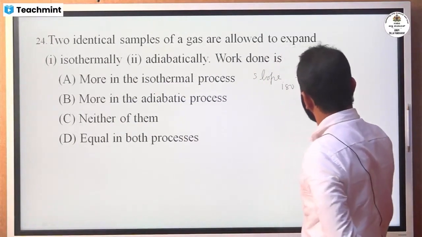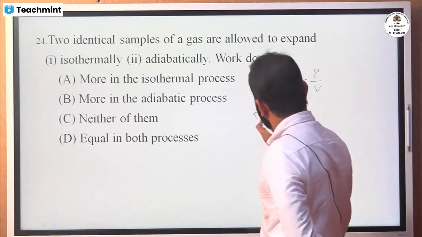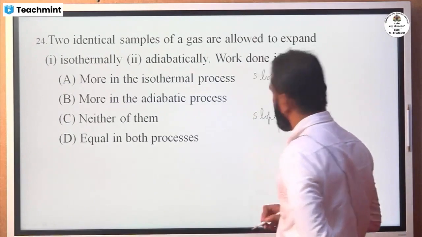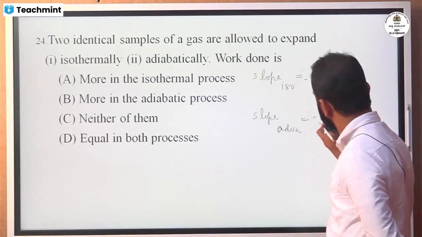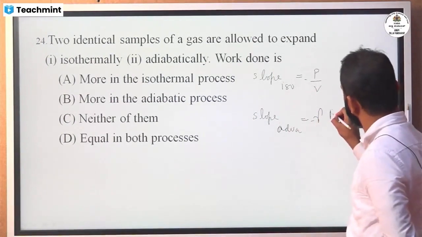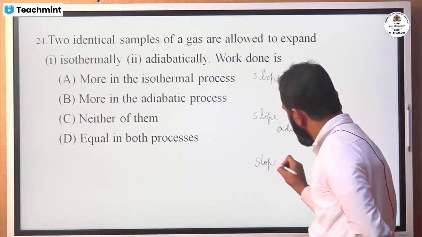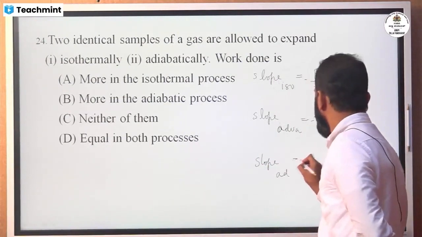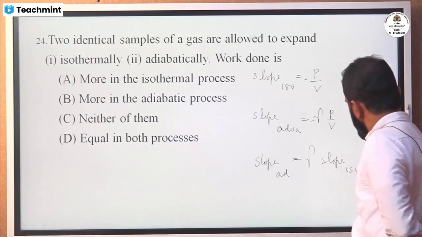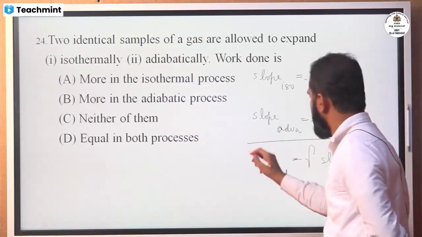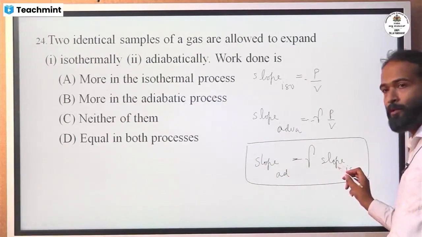The slope is nothing but P divided by V, and the slope of the PV graph in an adiabatic process is nothing but minus gamma times P by V. And if we compare both of them, the slope of the adiabatic process is equal to gamma times the slope of the isothermal process. And anyway, gamma is always more than 1.